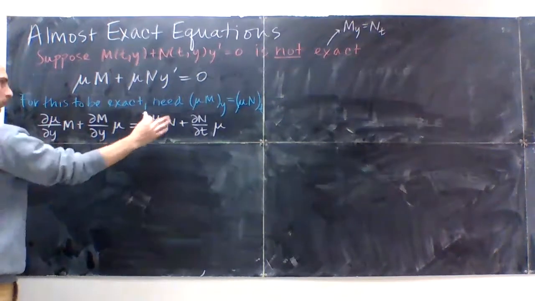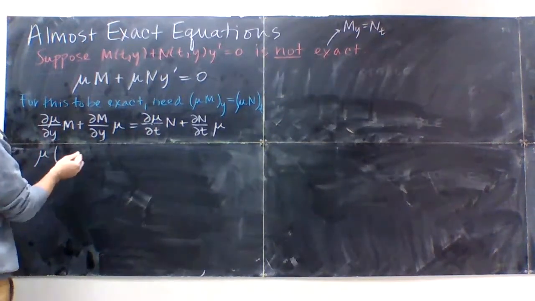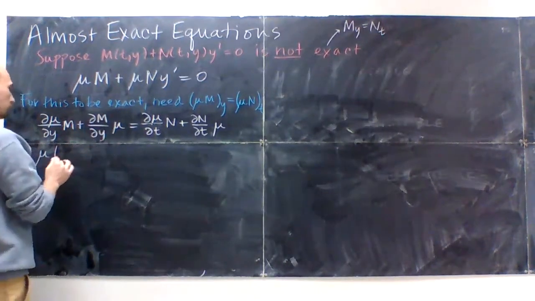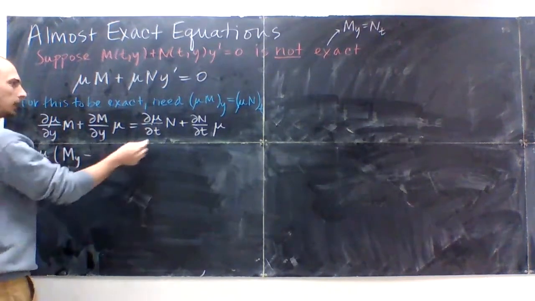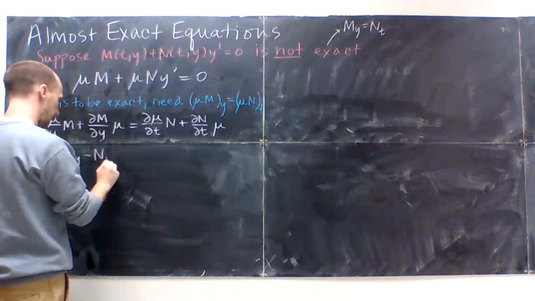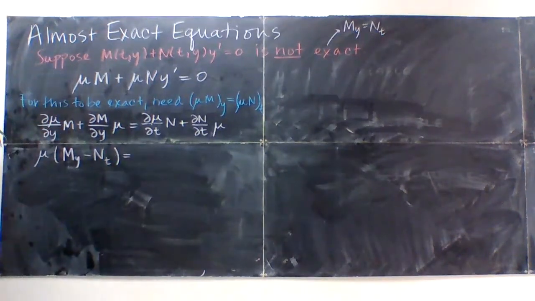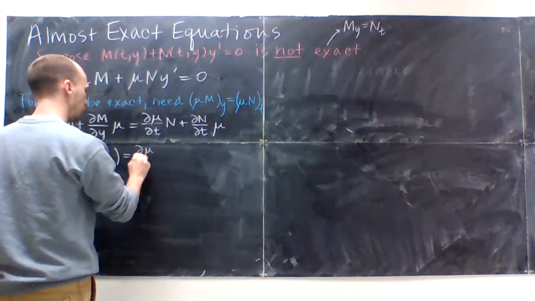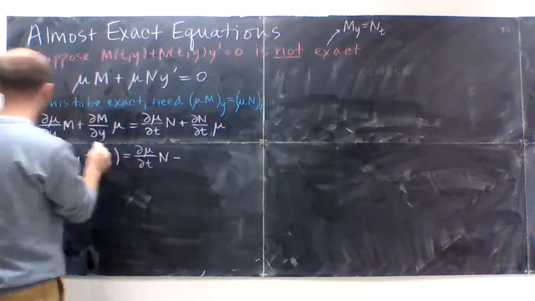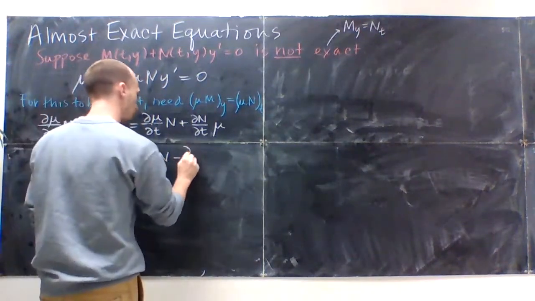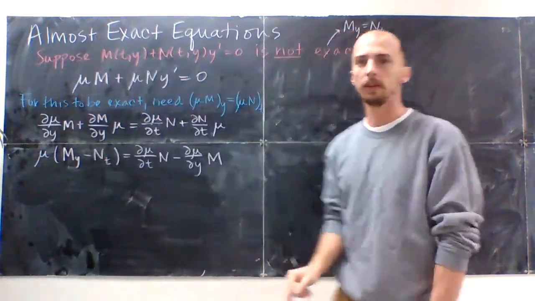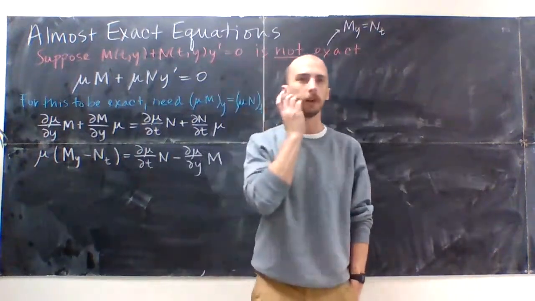When I get all the things with mu on one side, I'll have mu times (M_y minus N_t), and that's going to be equal to, I still have this partial mu with respect to t times N, and then I subtract away partial mu with respect to y times M. Now, this is basically the equation that we have to solve for mu to find our integrating factor.